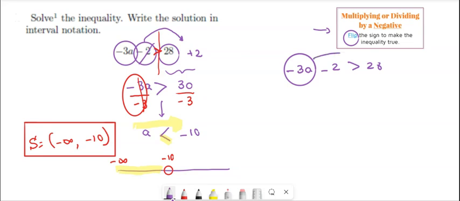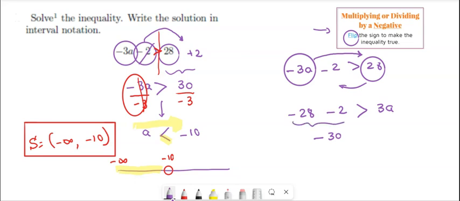Here we are not even multiplying or dividing, we are just adding or subtracting. So the minus 3a is going to move to this side, and this one is going to move to the other side. The inequality is still the same. The minus 2, I didn't change it, so it's still there. The 28 became minus 28, so I put it right here, and minus 3a became positive 3a. So you see here I have minus 30, so grouping these two terms, greater than 3a.